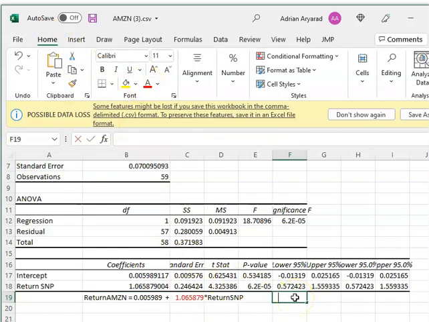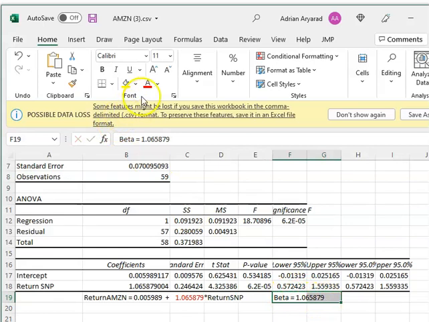Okay, so beta is 1.065879. So what does this number mean for us?